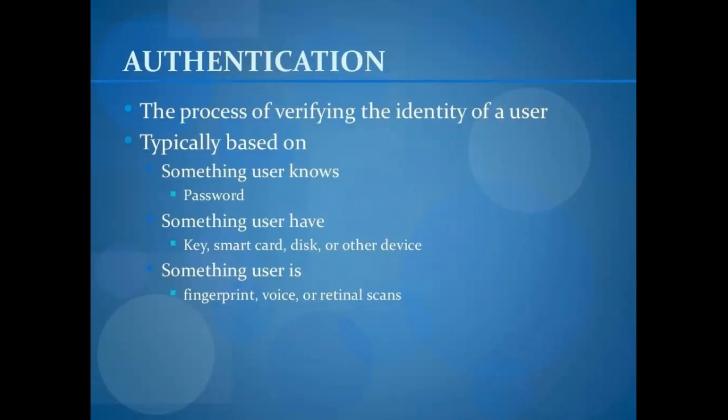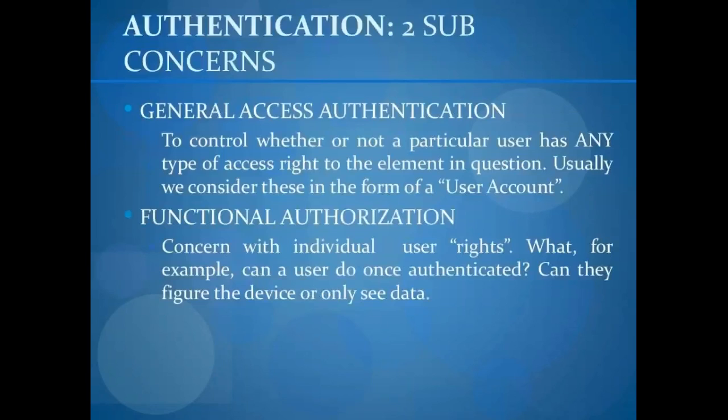So everybody understands authentication? Yes, sir. So authentication has two ways: general access authentication and functional authentication. To control whether or not particular users have any type of access right to the elements. Usually we consider these in the form of user account.